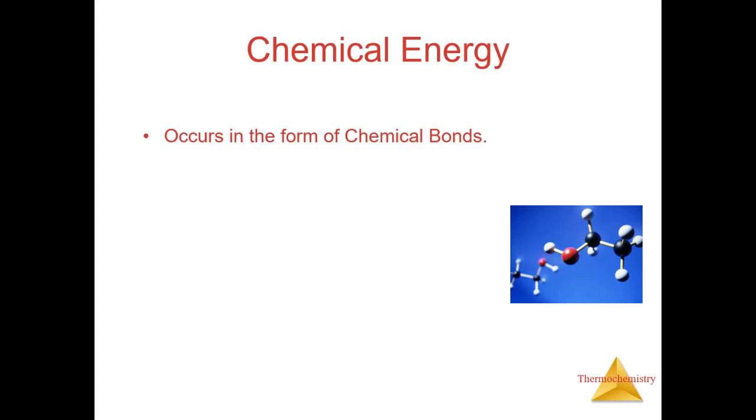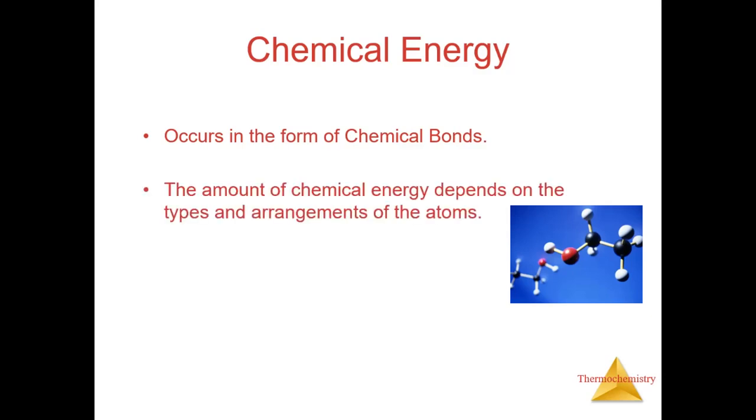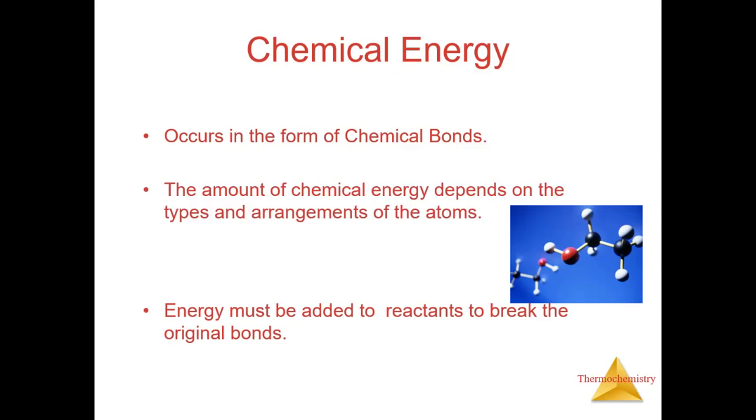The forming of bonds creates energy. Breaking of bonds consumes energy. So this energy has a lot to do with how the atoms are arranged and the types of atoms that are arranged. Energy has got to be added to break the bonds. Then energy gets released as bonds are formed.